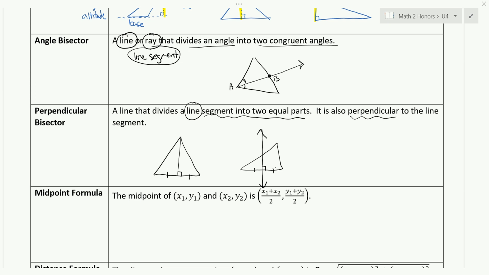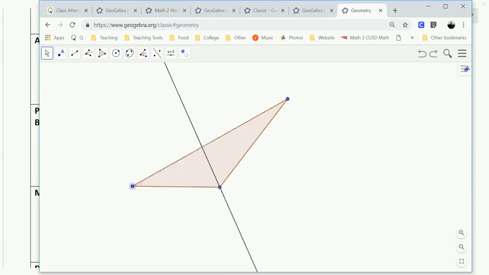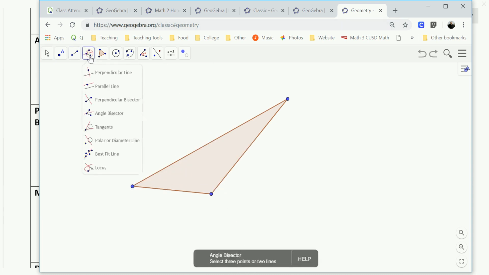Okay, and then constructing these, let me just show you that real quick as well. This one's also an easier one to do. So there is an option for perpendicular bisector. So it's a common thing.